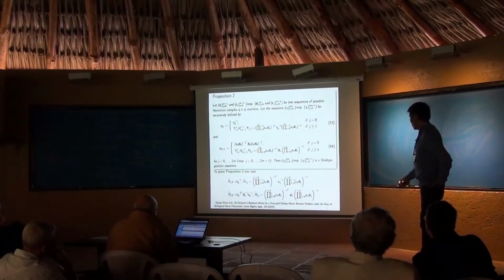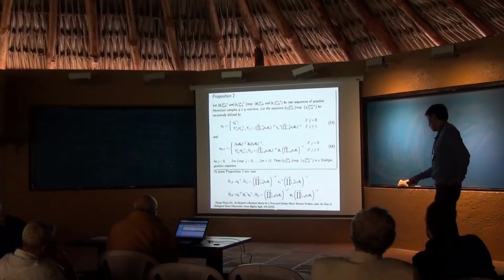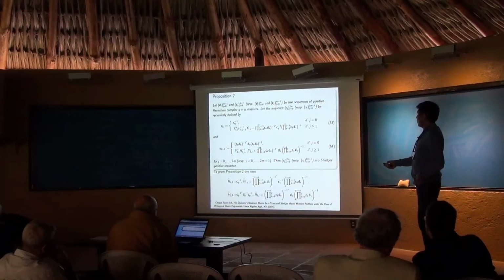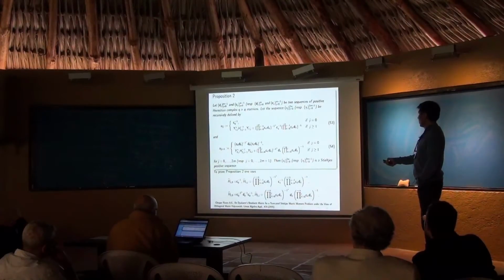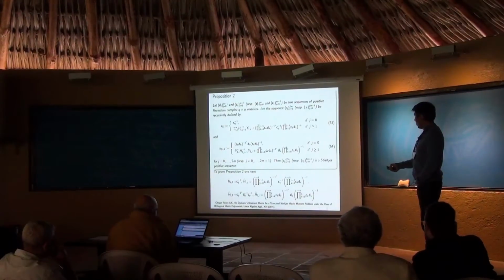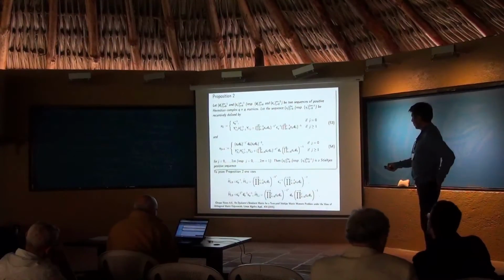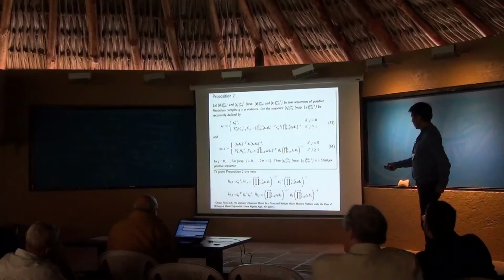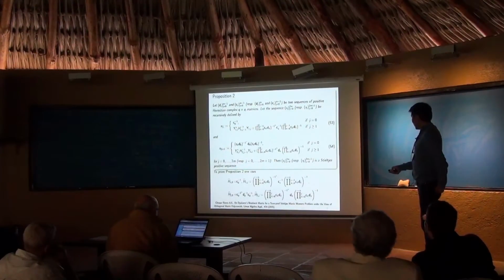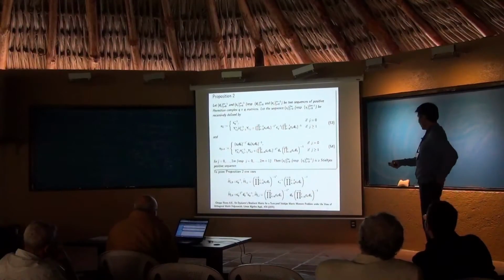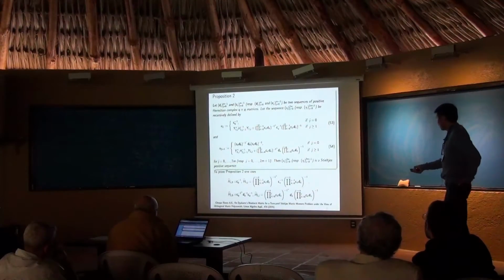This is a proposition, also in this paper from 2015. Given now a sequence of matrices, two sequences, they are positive sequences, then we can construct some other matrices in such a way, and it happens that this sequence, even in the odd case, will be a positive sequence.